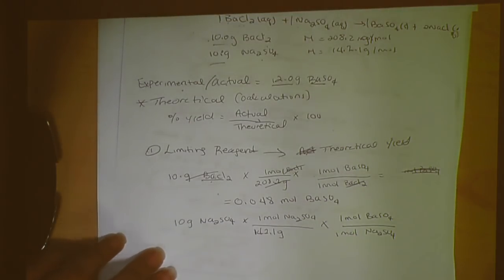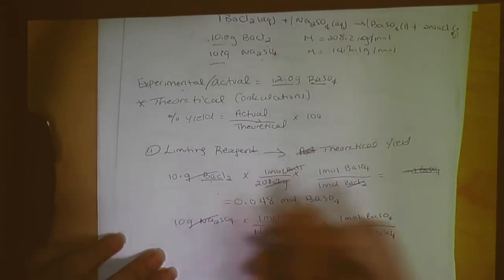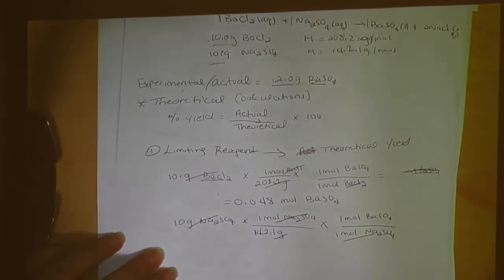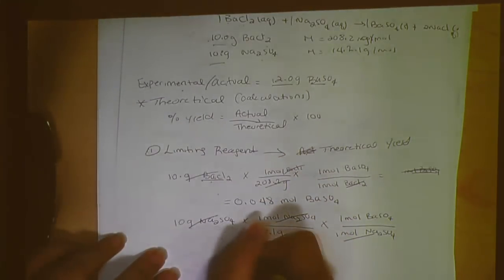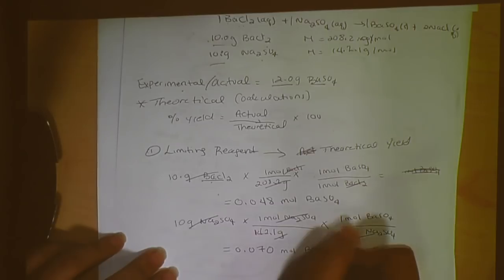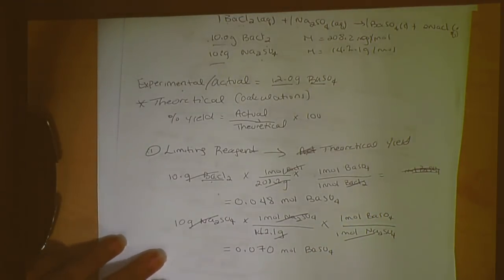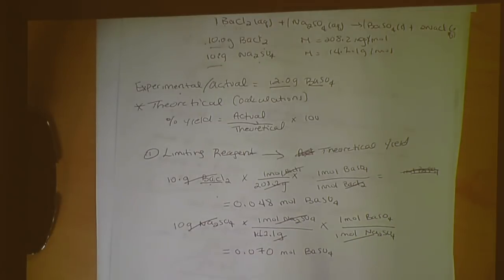The units cancel again, so 10 divided by 142.1 gives me 0.070 moles BaSO4. So from the 10 grams Na2SO4, I can get 0.07 moles of the product BaSO4.